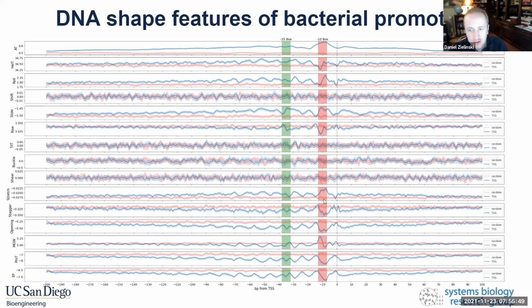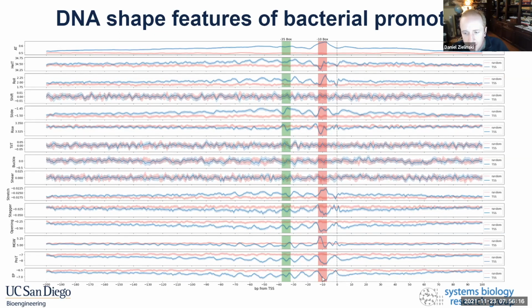We found a really interesting trend that suggests shape has something to offer when it comes to interpreting how good a promoter is. The plot here is shape versus location within a promoter. This is an average of all E. coli promoters, all aligned based on the transcription start site.